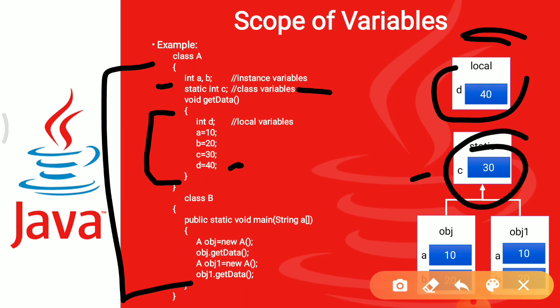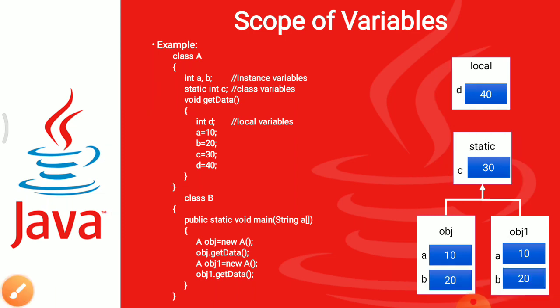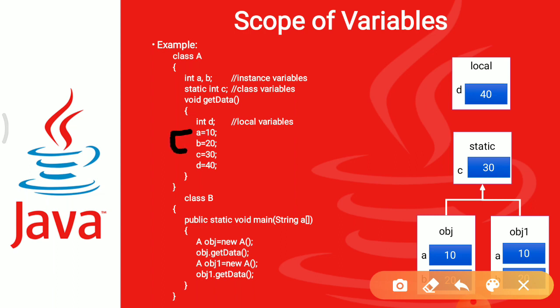After that, we have defined values: A is equal to 10, B is equal to 20, and in public static void main we have created an object of class A. With obj and with obj1, we have created two separate memory spaces, but these two separate memory spaces are given only to A and B, because C is static, it is common for all.